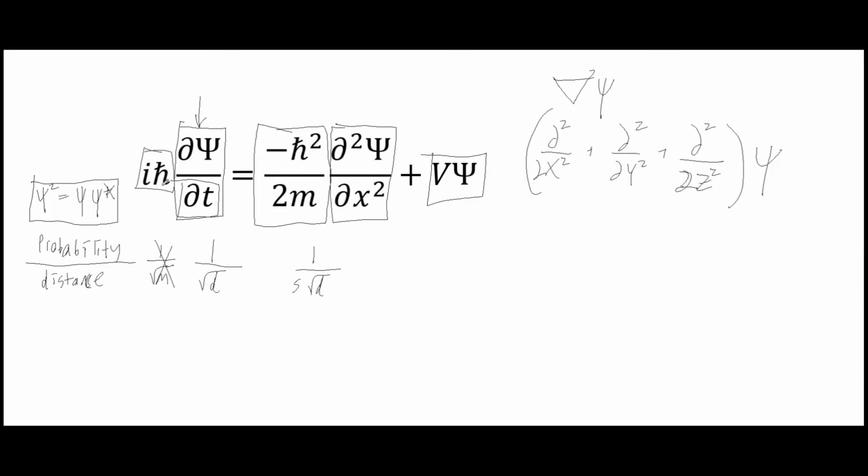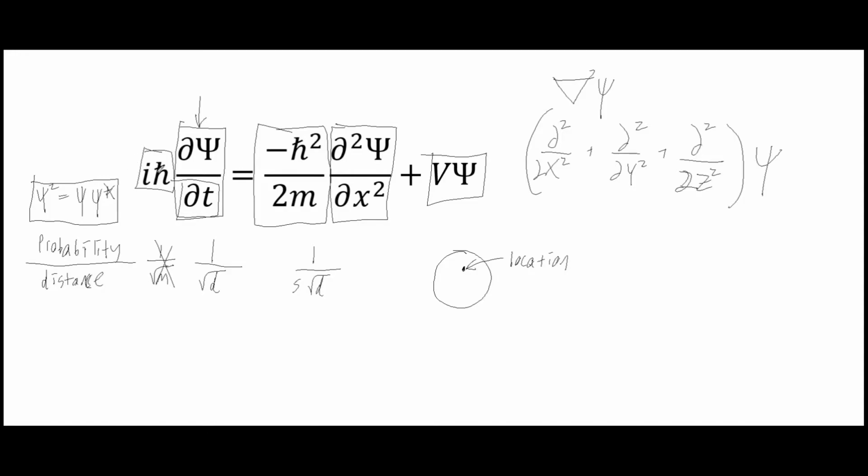So we're not looking at different places and locations. If we have some space here and we want to look at the change in the probability at that location with time, the probability is going to change at that location over time. And so that's what this is telling us right here.